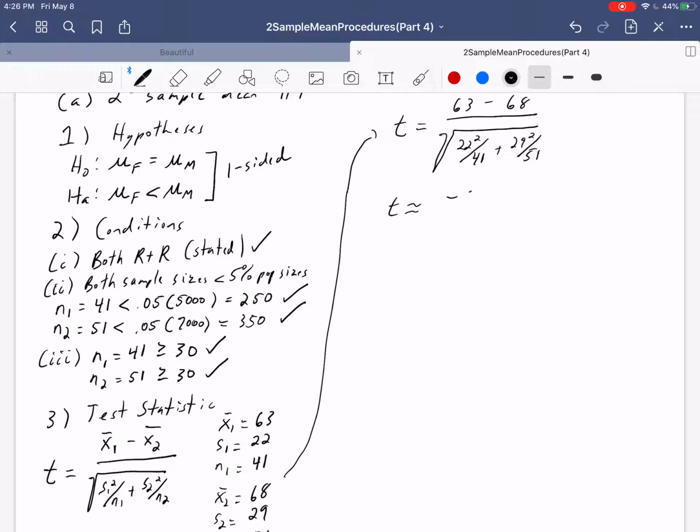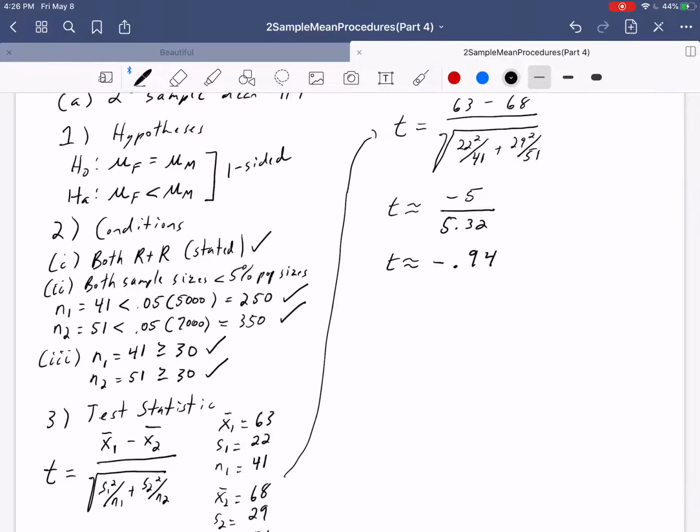So up top, we should see that we get minus 5. And down below, you should get 22 squared divided by 41 plus 29 squared divided by 51. Looks like you should get about 5.32. And then if you do your division, negative 5 divided by 5.32, looks like you should get about negative 0.94.